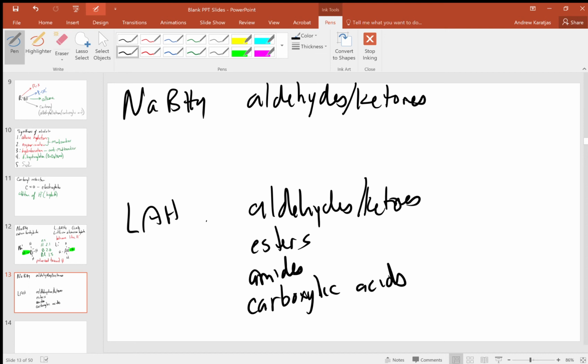But right now, today, we're just going to look at the reduction of aldehydes and ketones. We'll talk about the LAH reduction for esters, amides, and carboxylic acids at a later time.